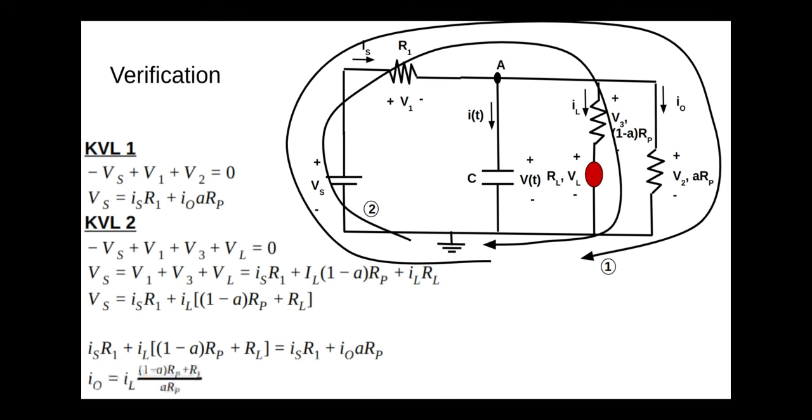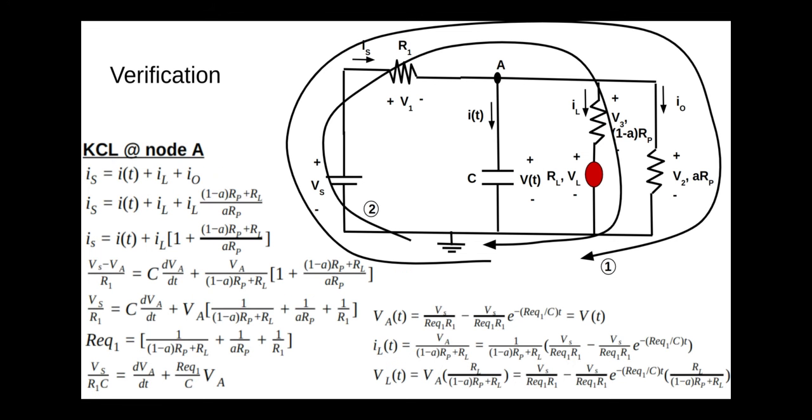For my verification of my analysis, I used a combination of KVL and KCL. This led me to the same equation for the voltage at A when the switch was closed, which would then lead me to the same equations for the current running through the LED and the voltage across the LED.